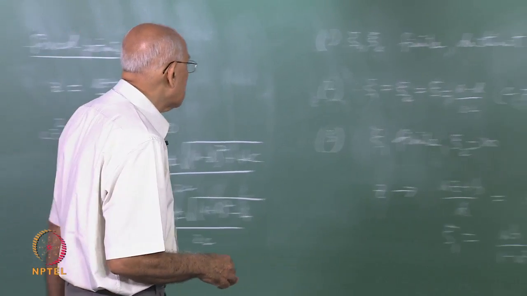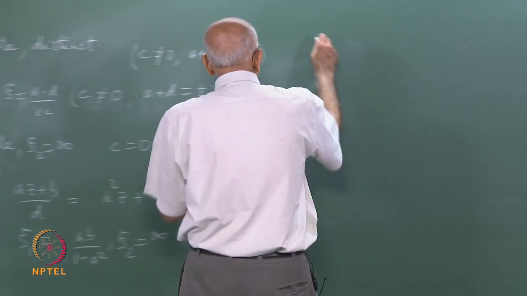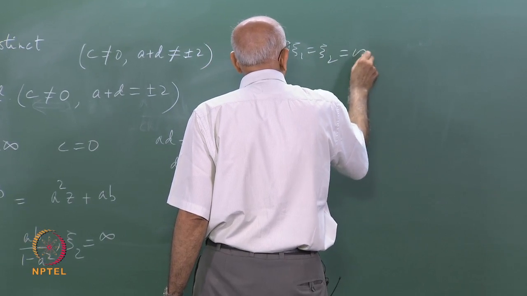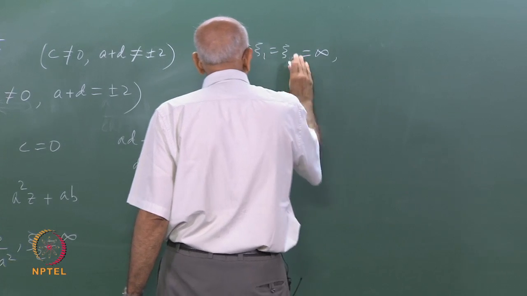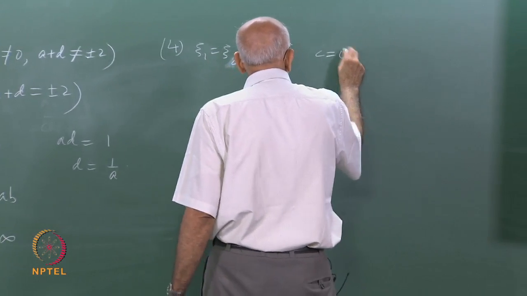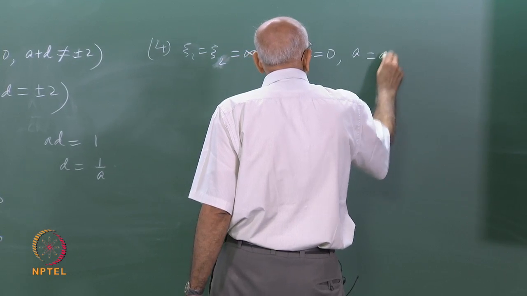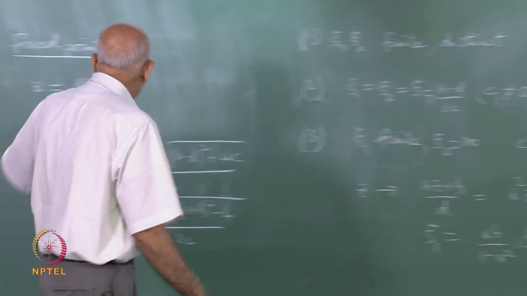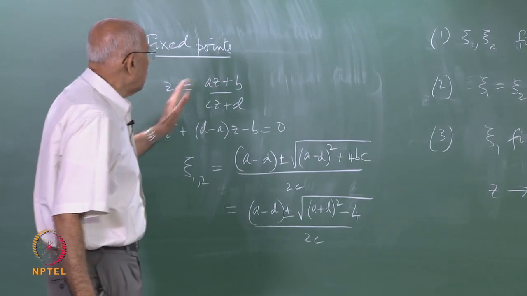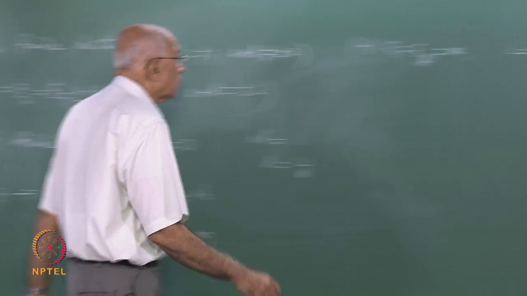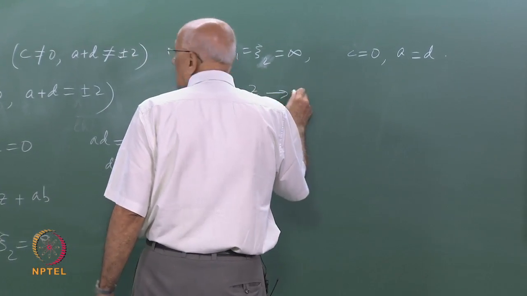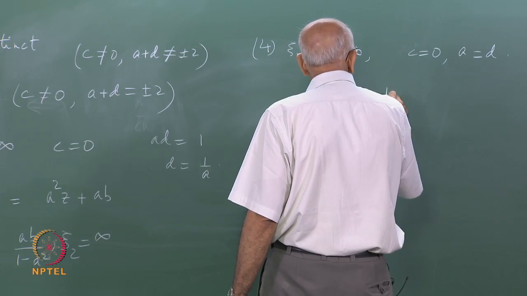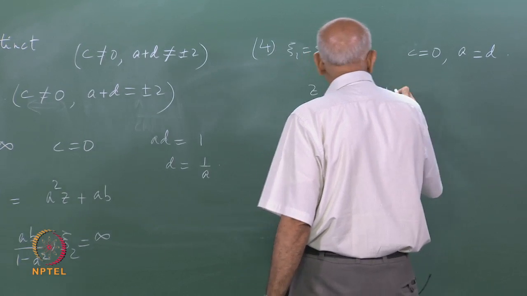So that is the third case, and then the fourth and final case is when it becomes completely trivial. So xi1 equal to xi2 equal to infinity in this case, which will happen when C equal to 0 and A equal to D. So if you set A equal to D and put C equal to 0, then you get just a translation. So this immediately implies Z goes to AZ plus B, A over D, that is Z, plus B over D, that is AB.